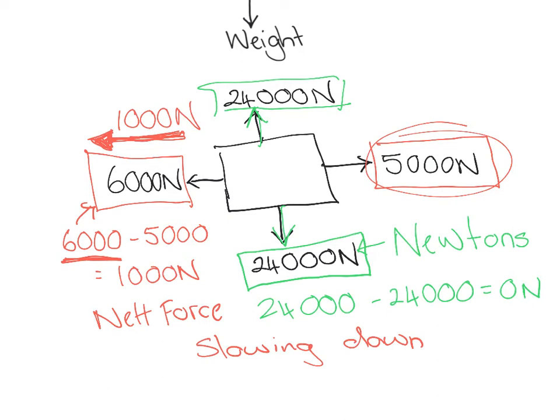If there is a difference in the forces in the opposite directions to each other, so our 5,000 and our 6,000 are working in opposite directions, we have a net force of 1,000 newtons, and that means that the motion is going to change. Either the vehicle is going to speed up, or as in this case, because it's the friction forces that are bigger, it is going to be slowing down or decelerating.